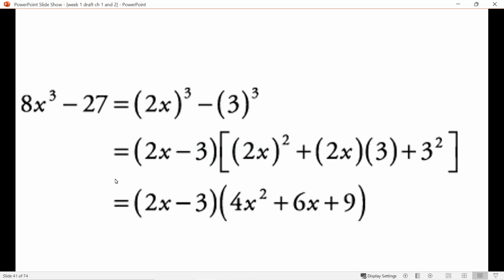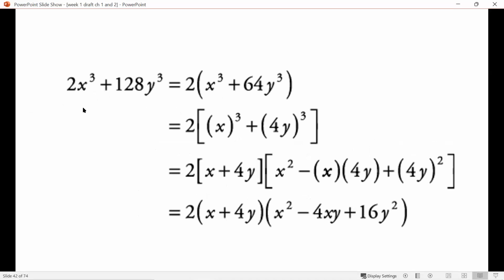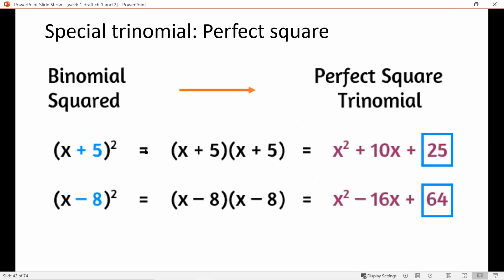And here's another example of a difference of cubes if you want to look over those. Here's another sum of cubes. So when you have a binomial, you can have the difference of squares, the difference of cubes, or the sum of cubes. And those are really the only situations in which we can factor a binomial.